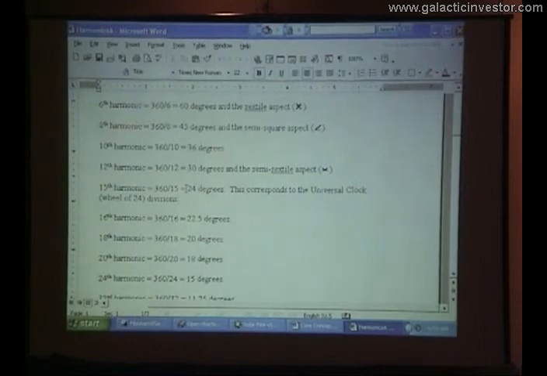When you say strongest harmonic, do you mean in terms of probability or strength of reversal? In terms of probability, yeah, and strength of reversal. So a first harmonic line is going to happen less frequently, say, than a third harmonic line.